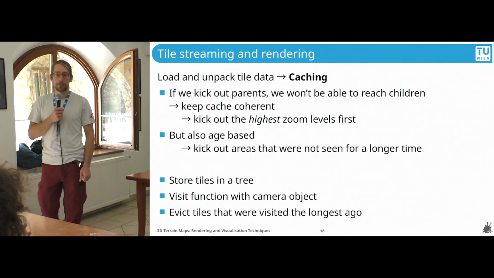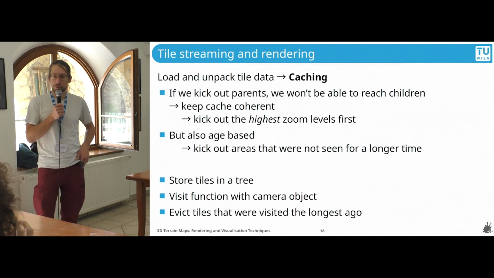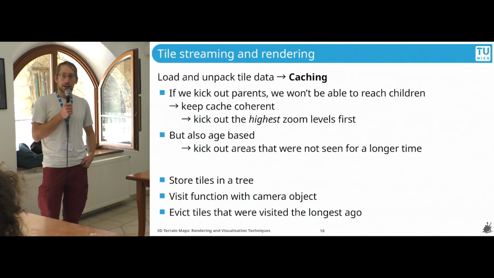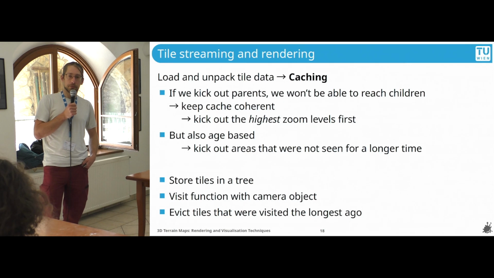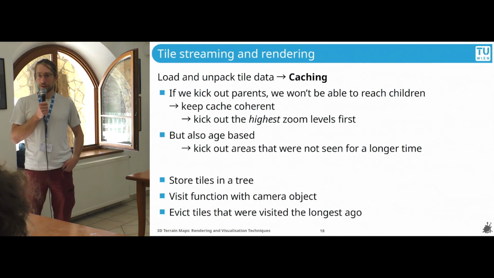Yes. Can you just create a placeholder for the kicked out mesh so you could still reach the children? So the question was whether we can put a placeholder mesh for the kicked out tile, let's say just some pointer, so we could still reach the children, so you don't have to kick them out.